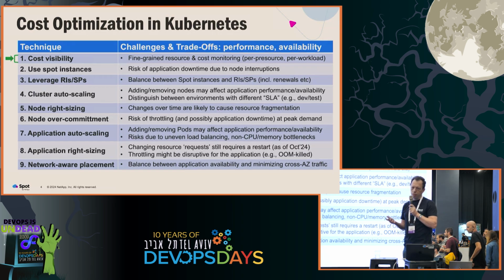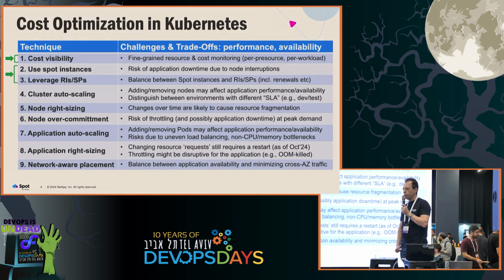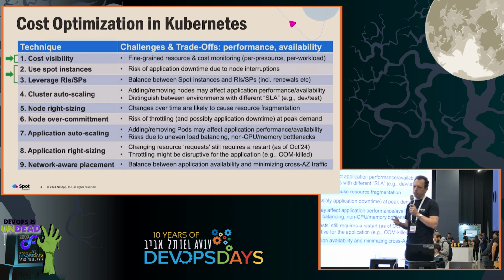In my case, I'm talking about cloud-based workloads, so you're paying a cloud provider. And cloud providers offer various discounts so that you can use essentially the same hardware and pay less for it. This is one of the key areas that companies can invest in to save cost: start using Spot instances, for example, which are the same VMs.